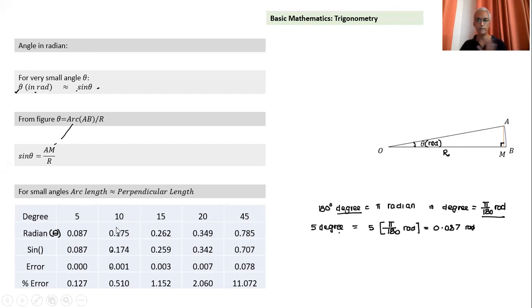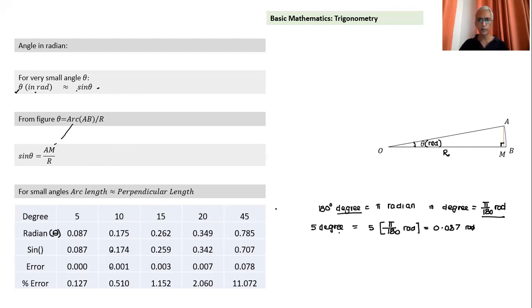If we are okay with an error of 1%, up to about 13-14 degree, the difference between the two values is only about a percentage. The reason for this approximation is that for a small angle, the length of the arc is almost equal to the length of the perpendicular. And we make this substitution several times in physics, in first year as well as in second year. This is also a small part of trigonometry, and we should have some idea.